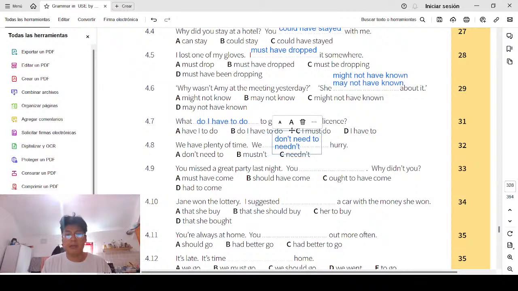So we have plenty of time. We don't need to hurry. Needn't is a contraction of "don't need to," so basically both mean the same. Okay? That's the same. Next one.